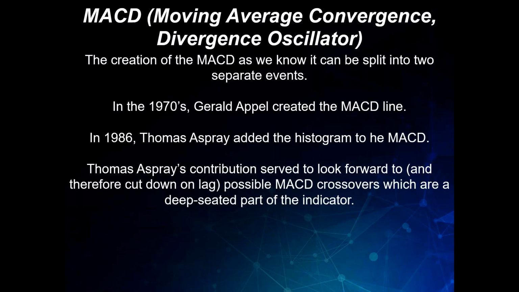Thomas Aspray's contribution served to look forward and therefore cut down on lag. Because an exponential moving average is used in the MACD, it does lag quite a bit. So Thomas Aspray was trying to find something that could give you a crossover, which is a deep-seated part of the indicator, something that picks up a bit more momentum.